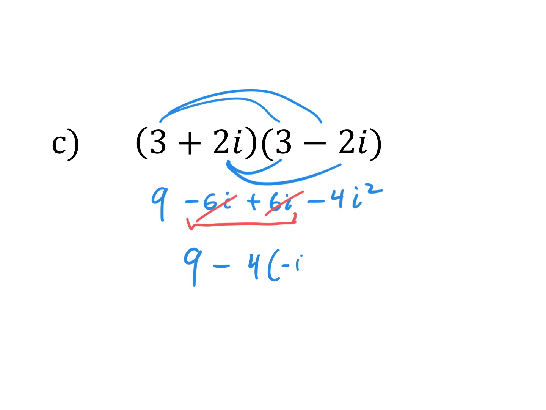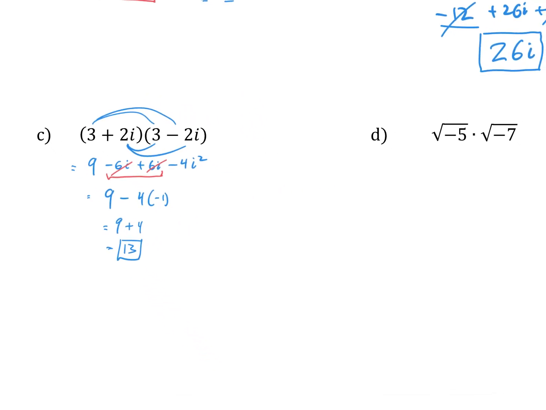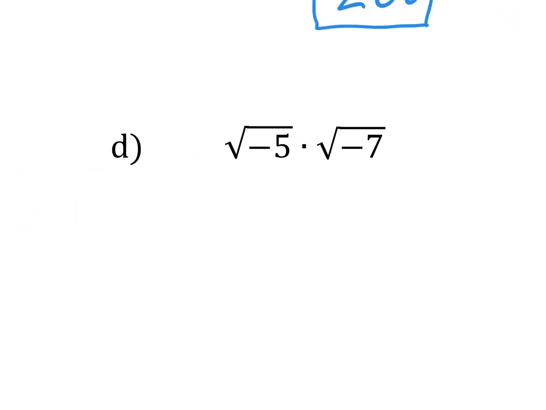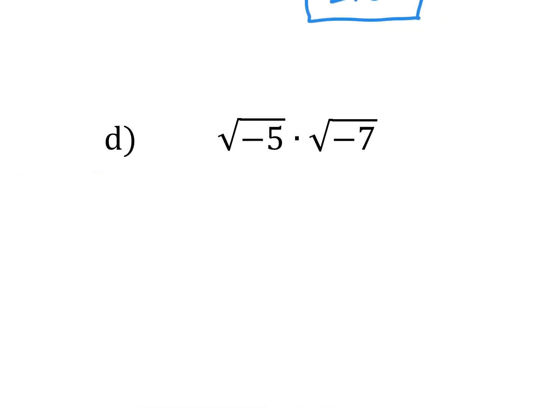So let's write this as 4 times negative 1, which is positive 4, which is 13. These are all equal. Good habit to put the equal sign in. All right, so this one becomes a real number. No i's. All the i's drop out. And that's going to be very important to us, okay? We'll use that a whole bunch in just a few minutes on our next step.